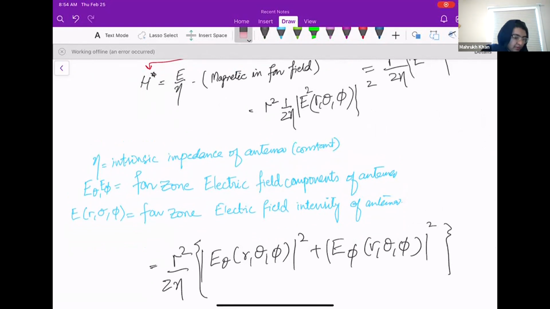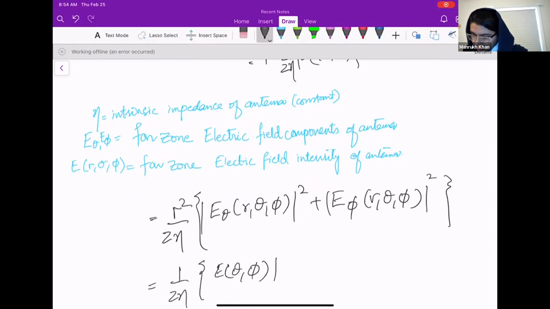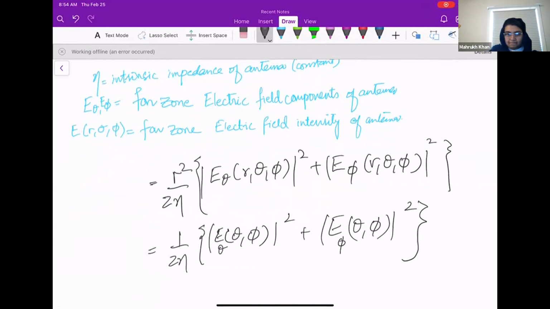And when you make it multiplied by R square, its R square dependence will be gone, like you were seeing in intensity. So you can just write it as okay.